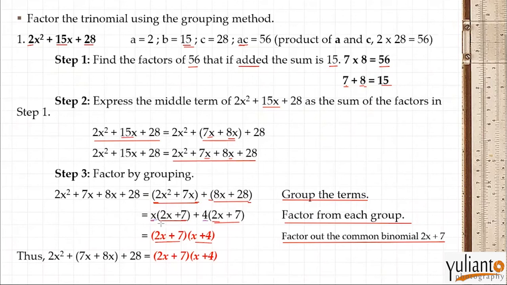So again, factor out the common binomial 2x plus 7, and then x and 4, so that is x plus 4. Thus 2x squared plus 15x plus 28 is equal to quantity 2x plus 7, quantity x plus 4.